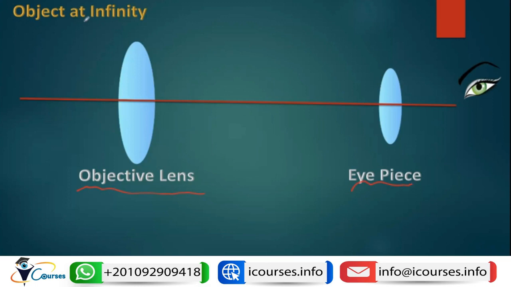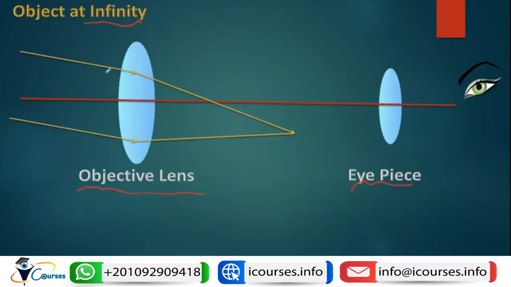So, as we know, when we are looking at a far target or a far object, then the object is located at infinity. That's why the light rays emerging from it will be parallel. So it will enter the objective lens parallel, and since this lens is a convex lens, it will converge the light rays, making a focus.